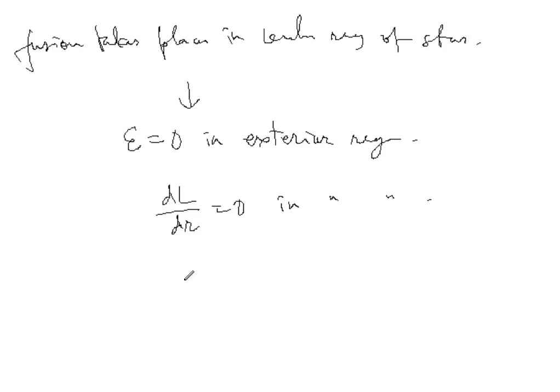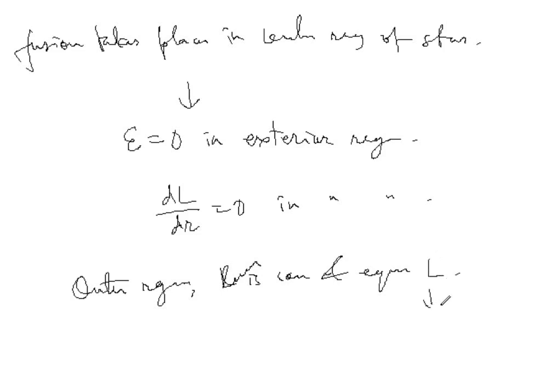Now, in these outer regions of the star, the luminosity is therefore constant. So, in the outer regions, luminosity is constant and equals L, which is the total luminosity of the star.